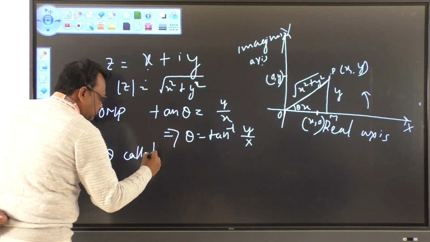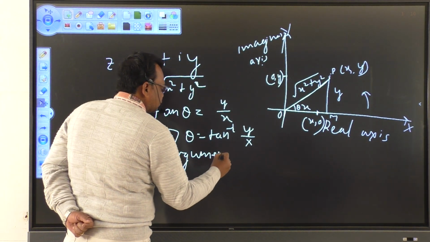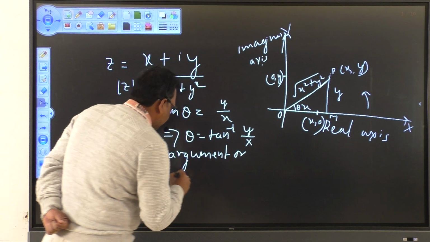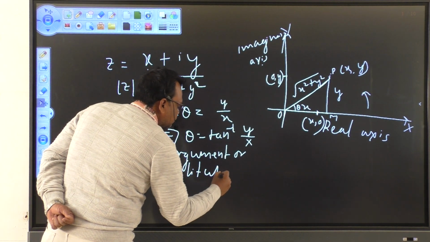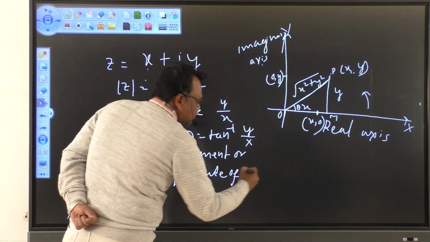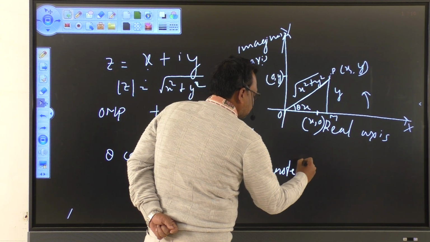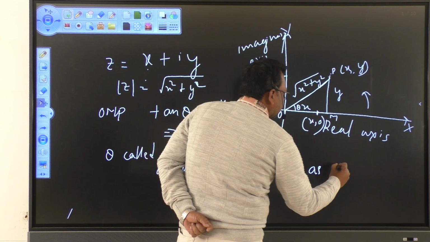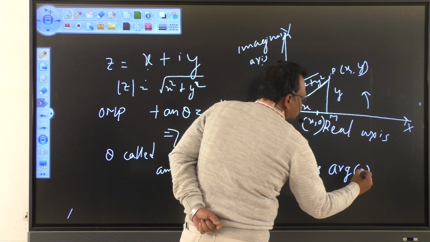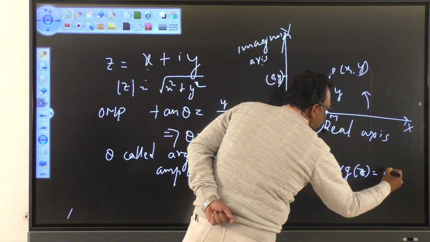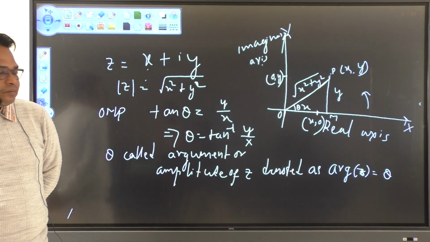Theta is called the argument or amplitude of the complex number z, denoted as arg z, that is theta, whose measure is tan inverse y by x.